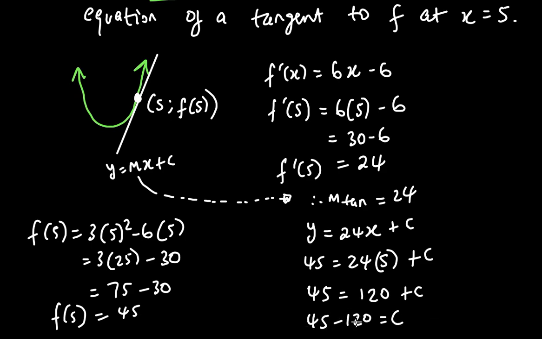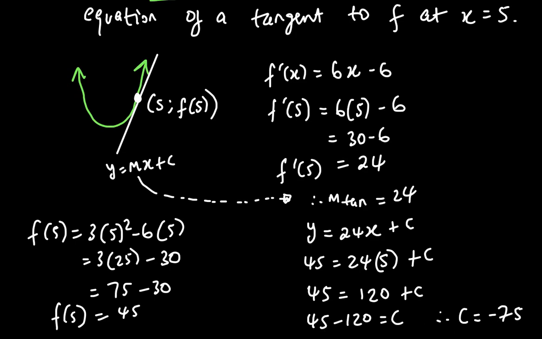So what is 45 minus 120? That is negative 75, yes. So therefore c is equal to negative 75.